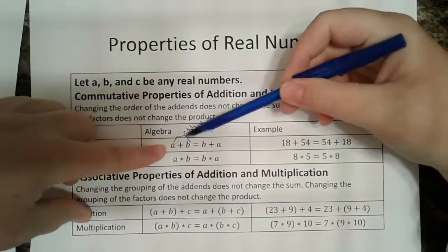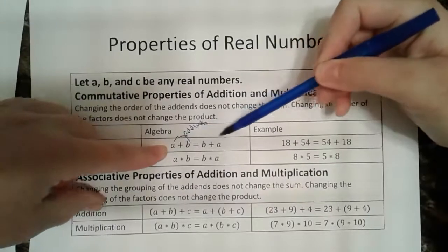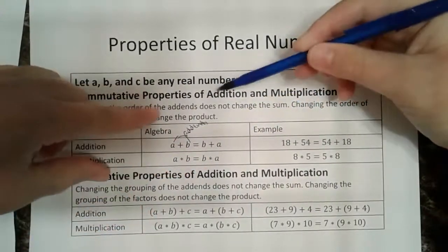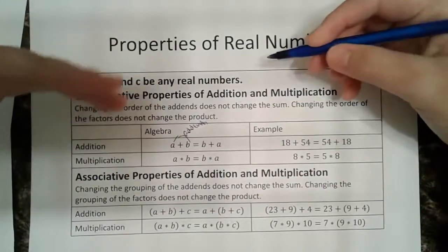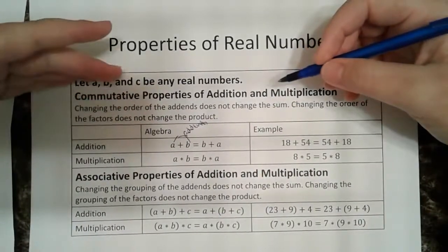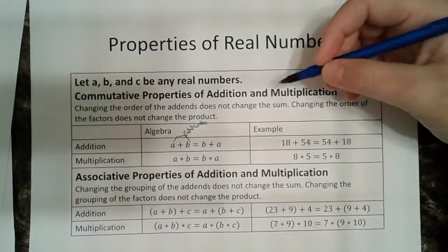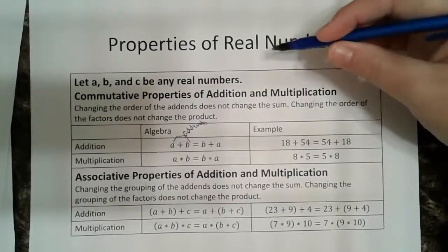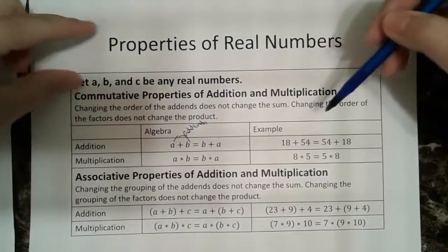So this is telling me that just because I change the order of A and B to B plus A, then I am not going to be changing the sum whatsoever. They're going to be the exact same. And we proved that a little bit when we had one thing of numbers. And then it says changing the order of the factors.